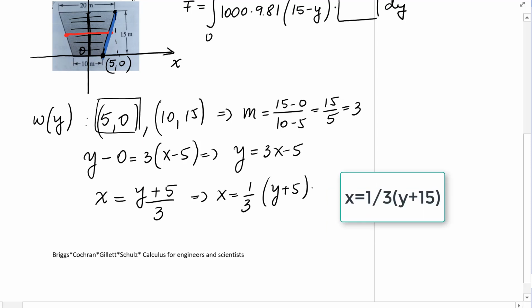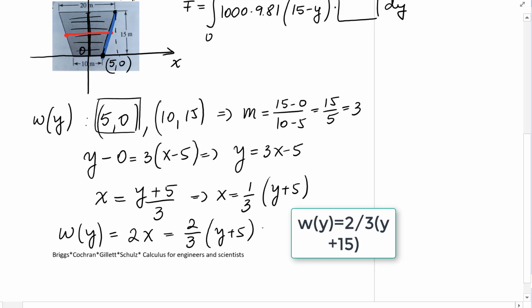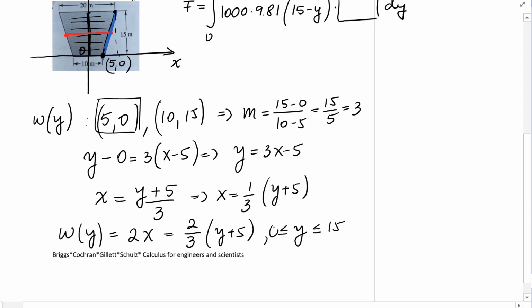So the width w of y is equal to 2 times x. So it's going to be 2 over 3 y plus 5, where y is between 0 and 15. So the width of the dam is w of y equals 2 over 3 y plus 5.